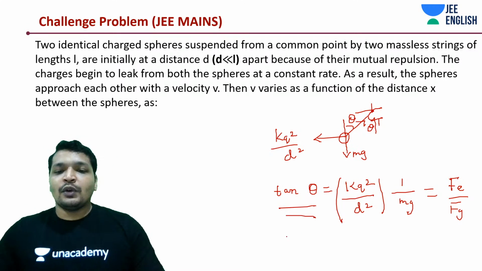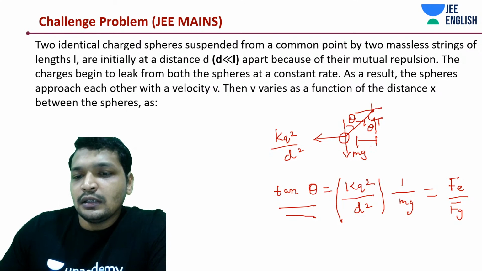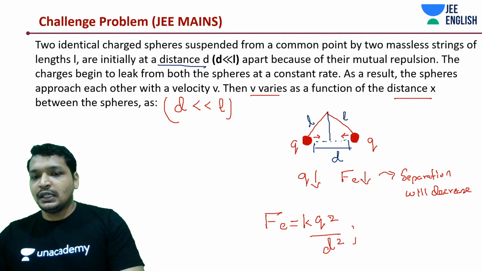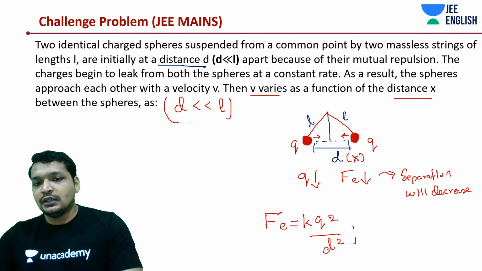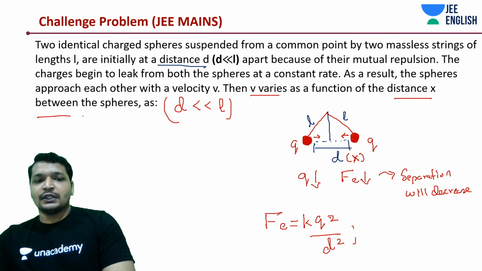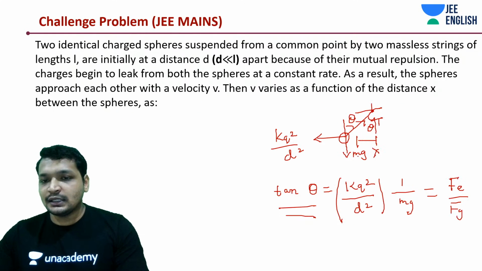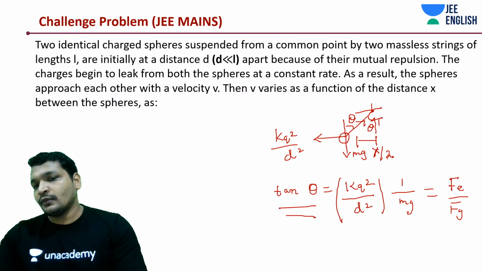Now the thing is, what is tan theta in this case? If the distance between them is d, but you need to find it in terms of x. Okay, let's say distance x between the spheres. Now the distance is x, so this is going to be x by 2. Right?